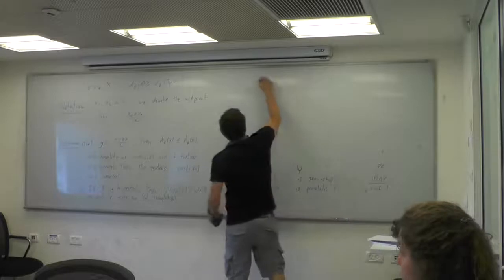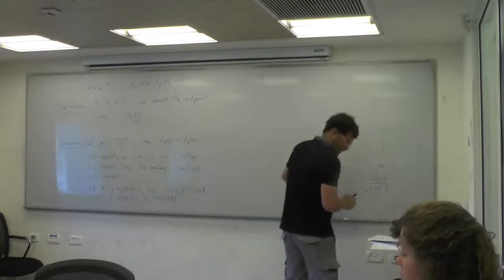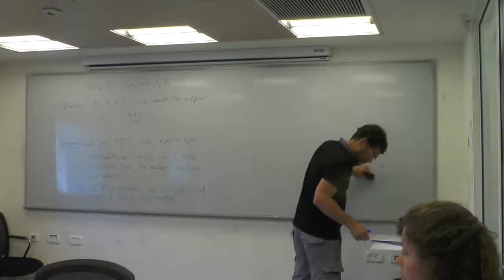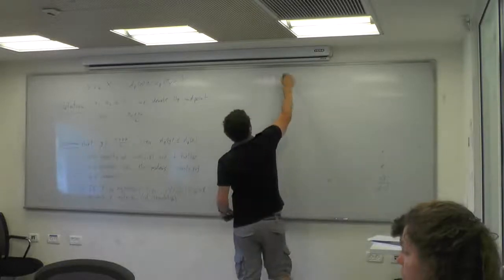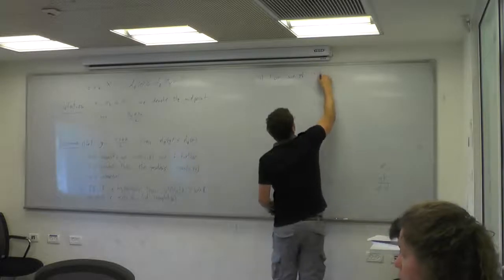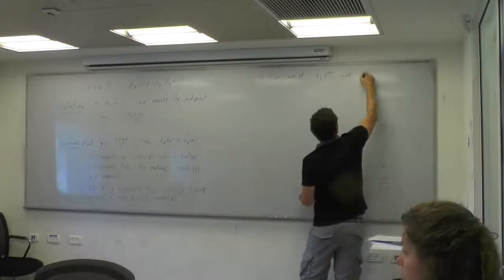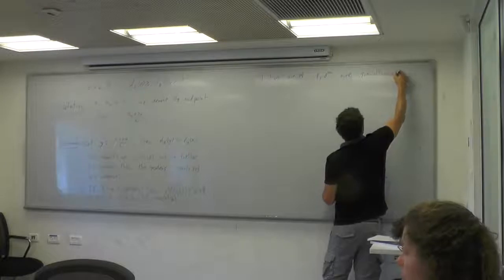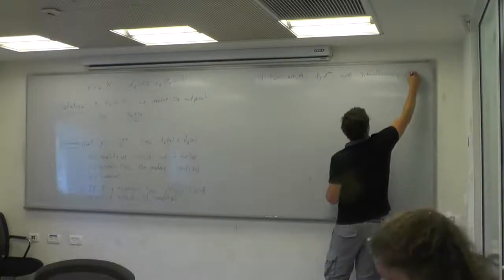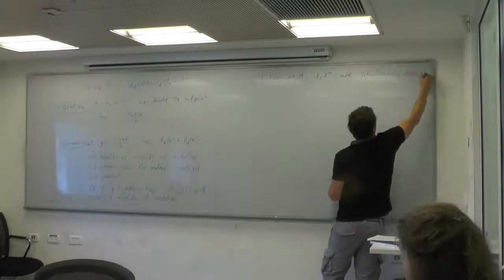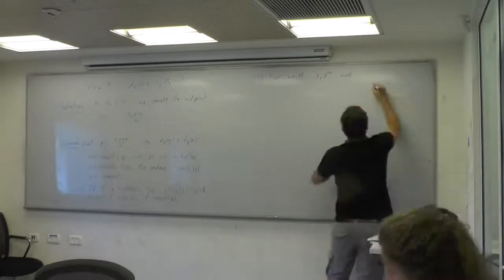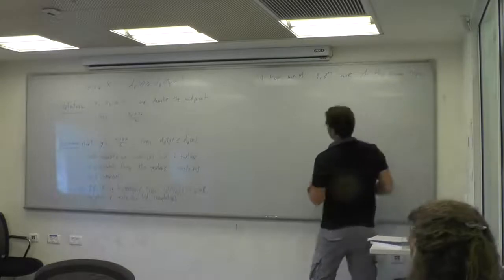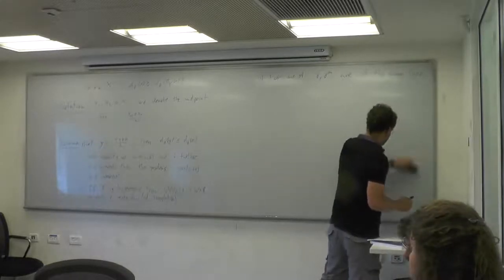Another thing: gamma and gamma to the m, for m and n, are simultaneously of the same type.